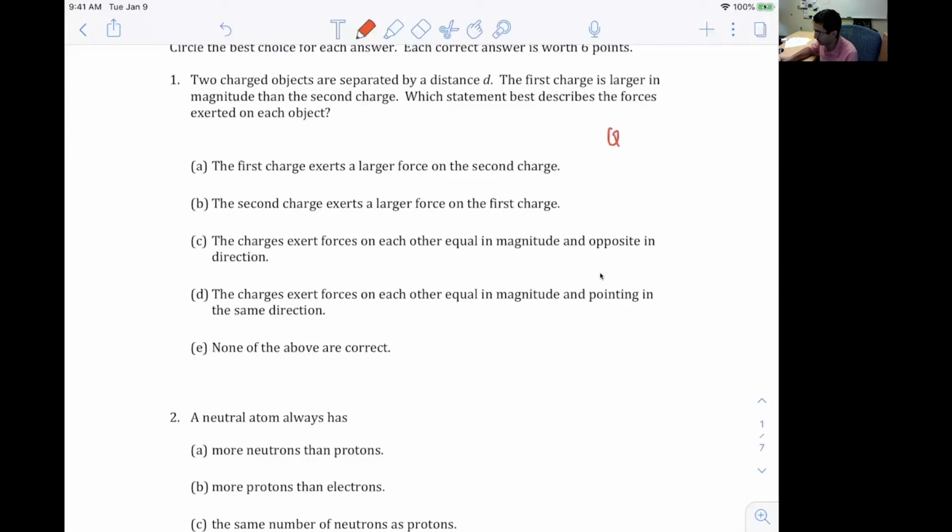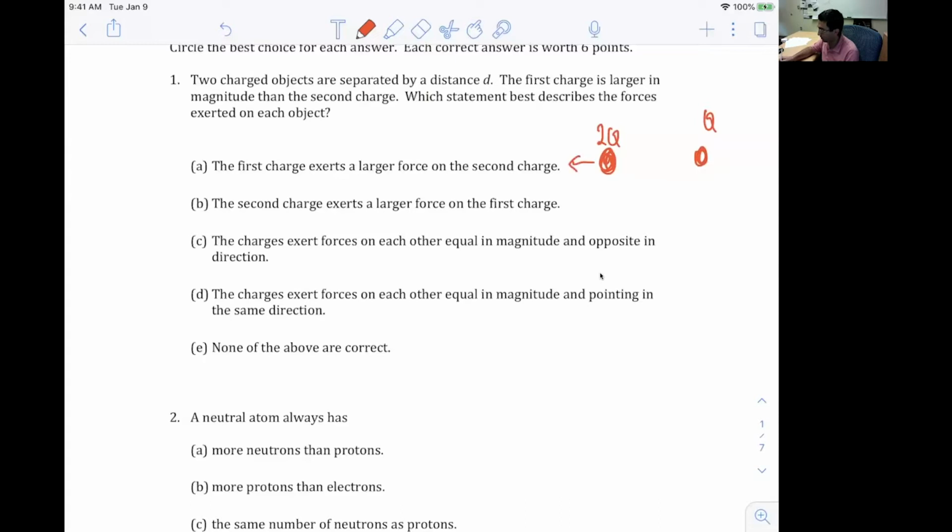Let's say one is larger, let's say 2q. Another one has, say, q. It doesn't say anything about the signs of the charges, but the Coulomb force, the electrical force on charged particles, will be exactly the same magnitude, but in opposite direction.